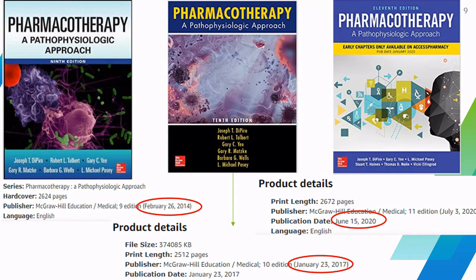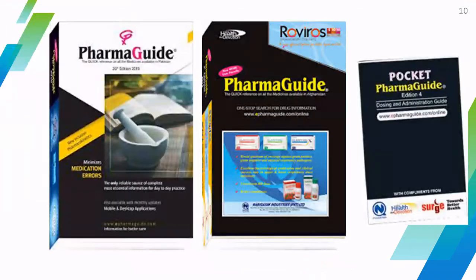Please recall that this was an example of tertiary literature. Another example of tertiary literature is the Drug Information Handbook or Pharm Guide. These are the books that you are supposed to carry with you during your clinical clerkships.